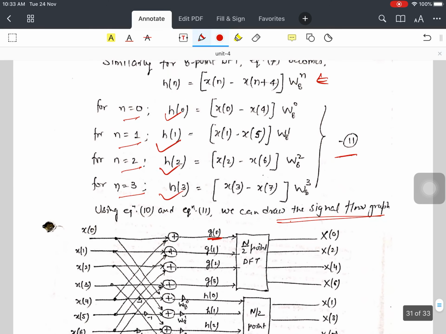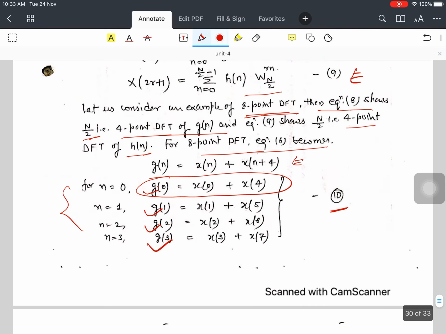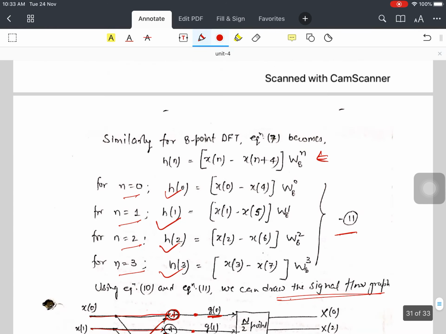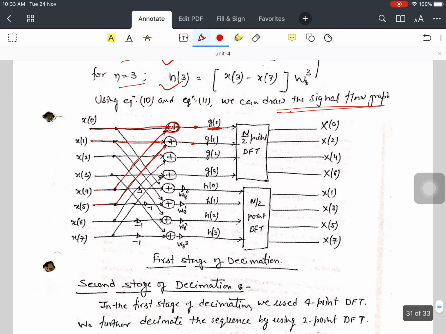So, you can check over here at this point, this is x0 and this is x4, and these are adding over here. So, this is G0. If I talk about G1, x1 is coming over here and x5 is coming over here, both are summation. In this way we can calculate G0, G1, G2, G3.